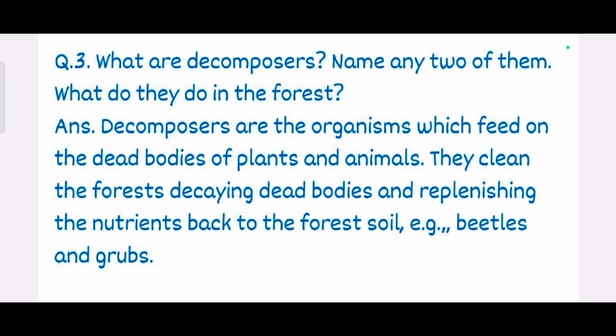Name any two of them. What do they do in the forest?